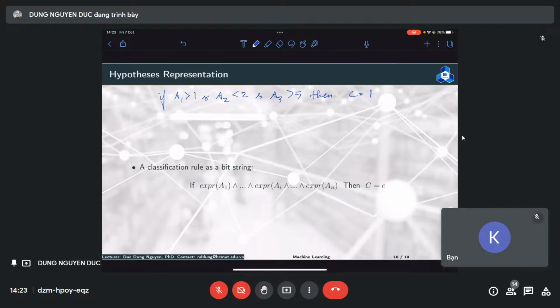Then I can formulate this decision rule into a vector. For the first one, I have 1. This one is for A1. This indicates the rule that A1 is greater than 1. So how about A2? If A2 is smaller than 2, how do you represent that?